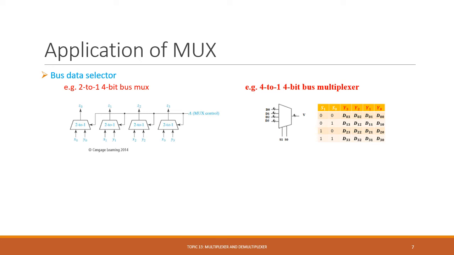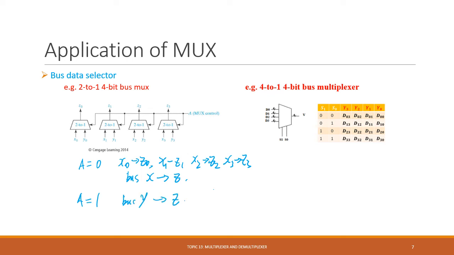If A equals 0, it will select x0 to z0, x1 to z1, x2 to z2, x3 to z3. So the bus x is passed through to bus z. If A equals 1, the bus y will be passed to bus z. That's how it works.